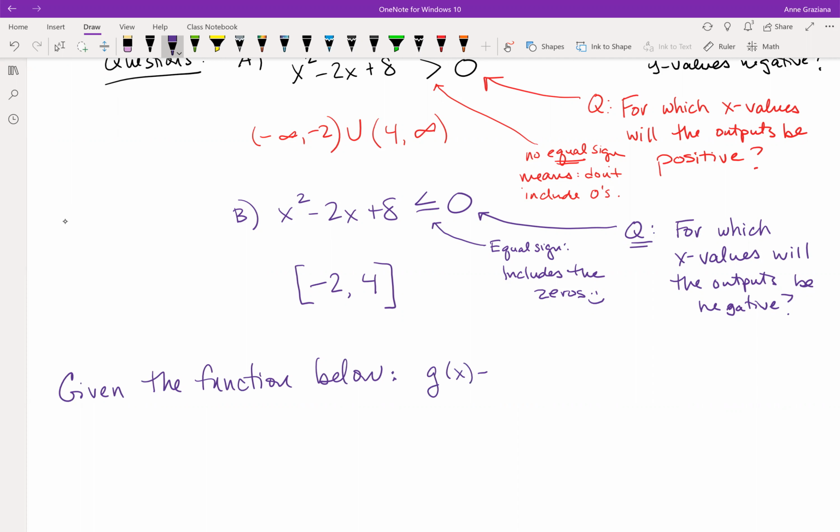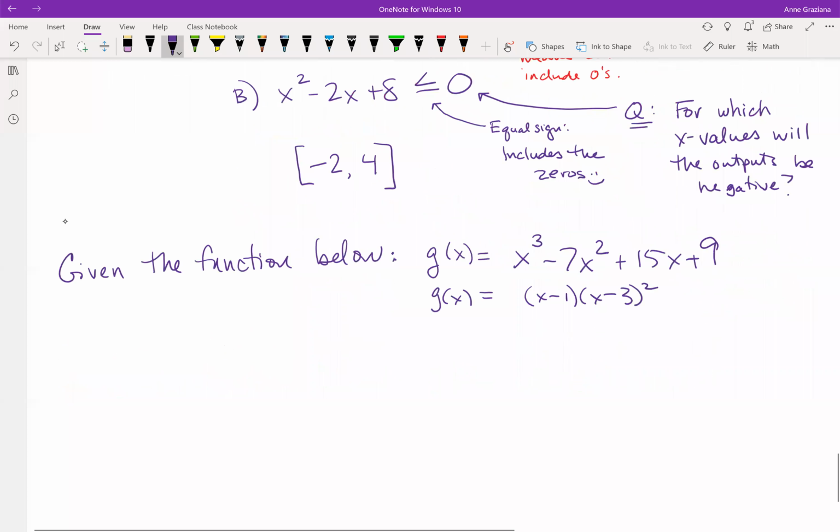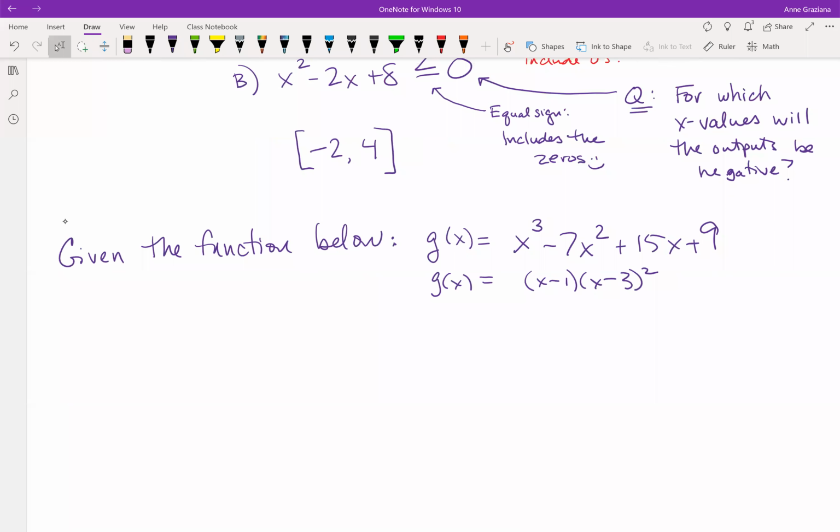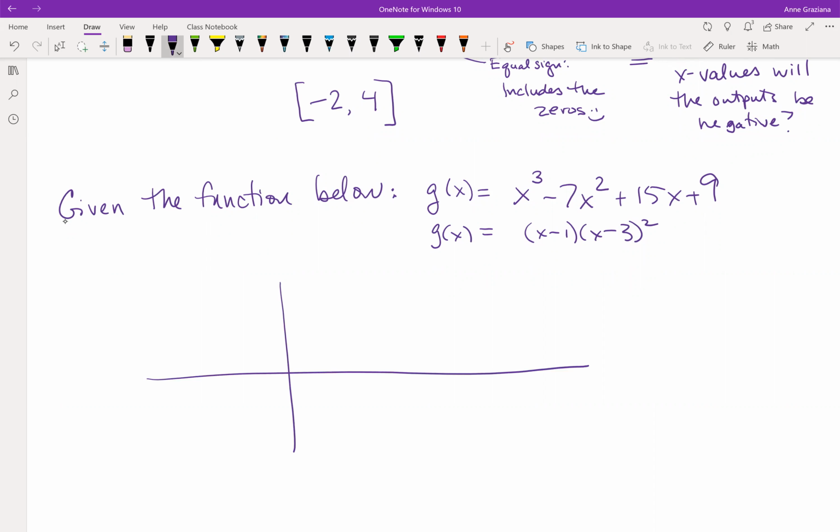G of x is x cubed minus 7x squared plus 15x minus 9, which is x minus 1 times x minus 3 squared. Okay, so this is the factored form. Now, we don't know how to graph that, and we're not going to do that in this course. That's for pre-calc. So I'm going to give you the graph.